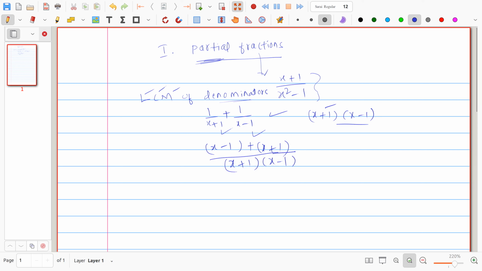Multiplying the first term with the second term gives x squared, and the cross term gives minus 1.